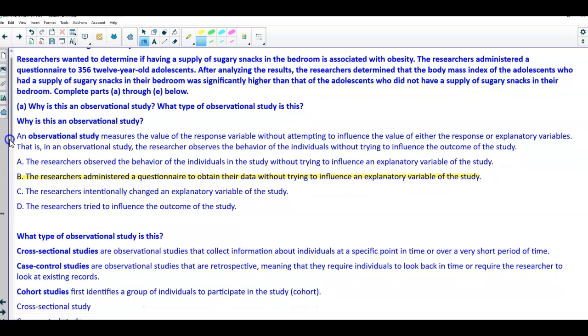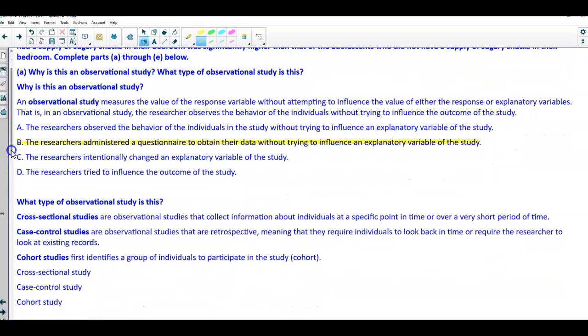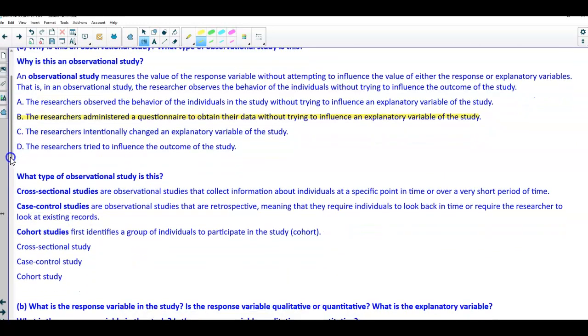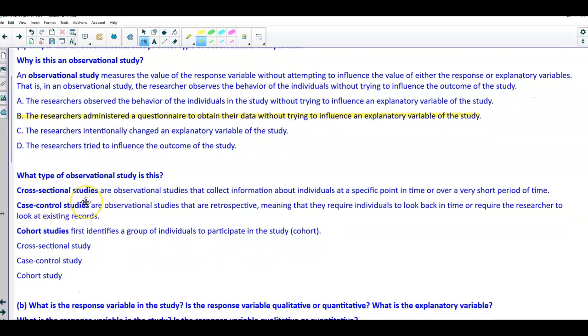Now the second part of this question says, what type of observational study is this? Now, cross-sectional studies are observational studies that collect information about individuals at a specific point in time over a very short period of time. Case control studies are observational studies that are retrospective, meaning that they require individuals to look back in time or require the researcher to look at existing records.